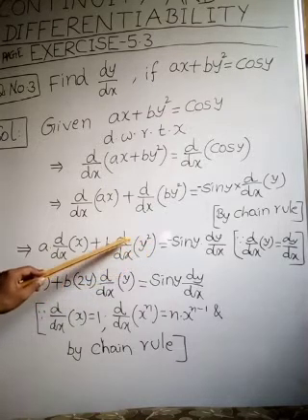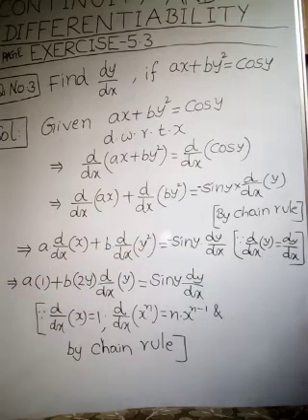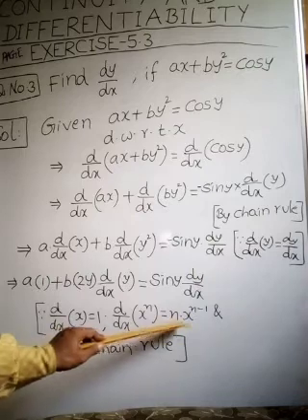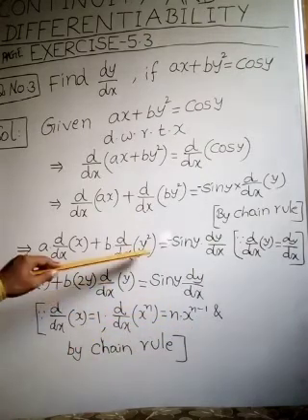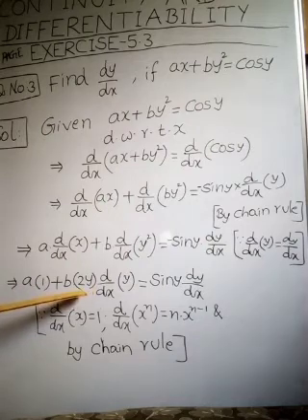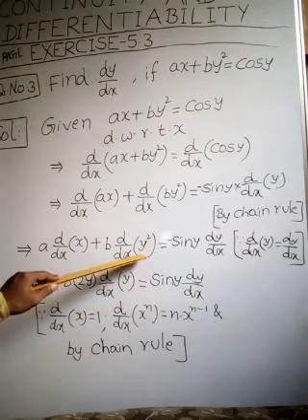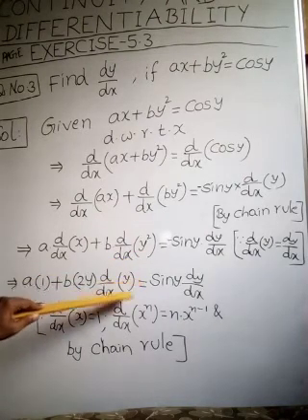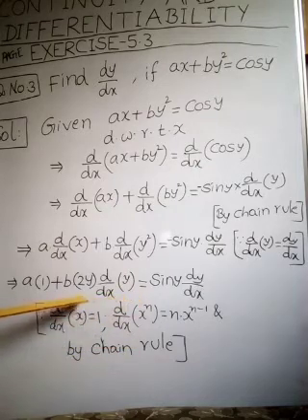It is in the form of d by dx of x power n. What is the formula? D by dx of x power n is n into x power n minus 1. We use this formula, so we get 2y into d by dx of y, because we assumed this y as x in your mind. Here also we used the chain rule. Understood this part, my dear children?